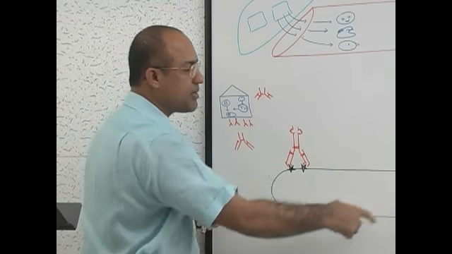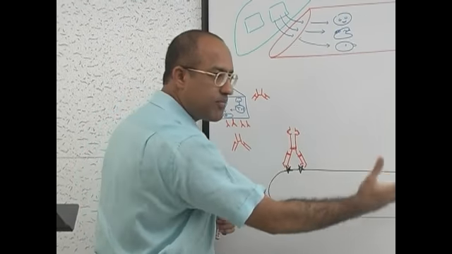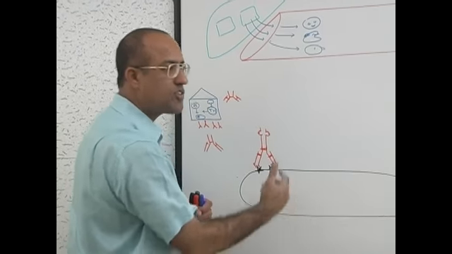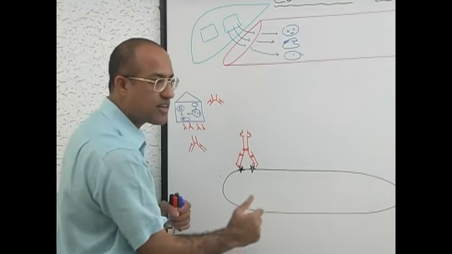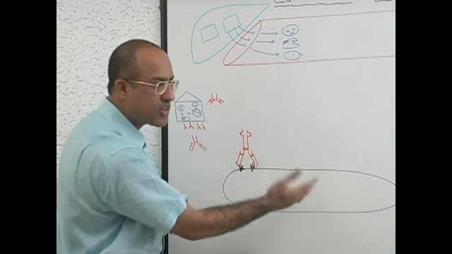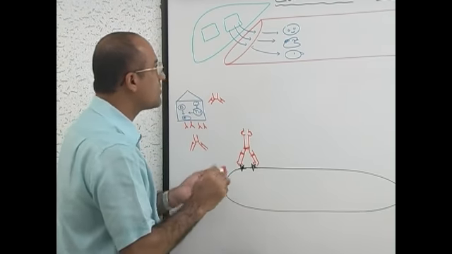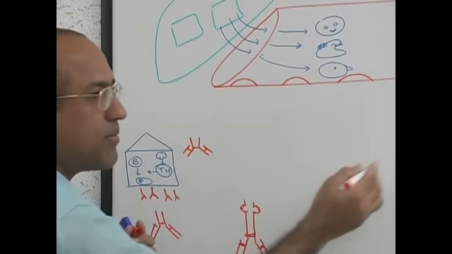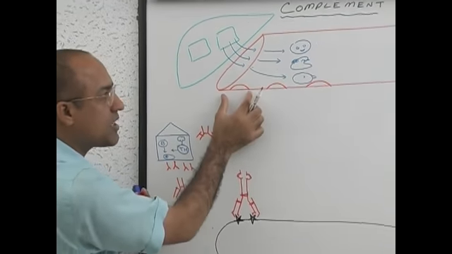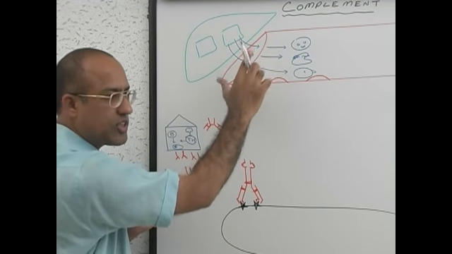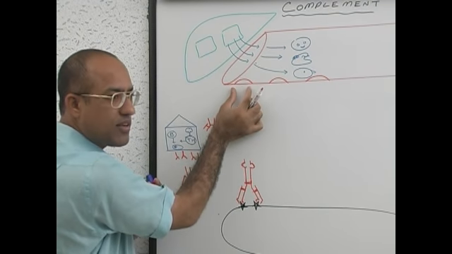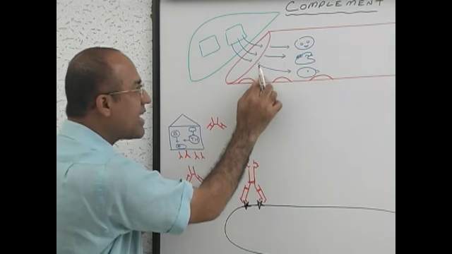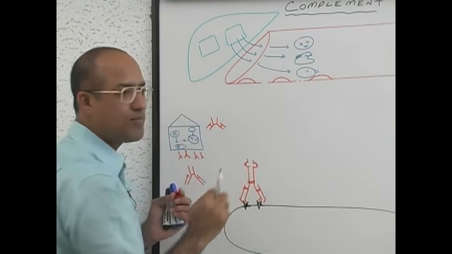Now, of course, if there are many bacteria here and some injury is going on, it means there is some inflammatory reaction here. During the inflammatory reaction, blood vessels are dilated, endothelial cells are shrunken, and there is increased permeability.